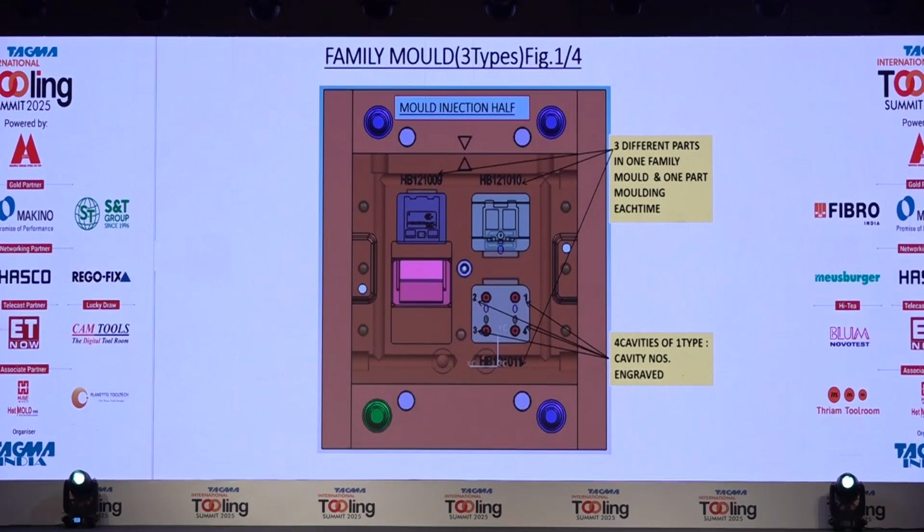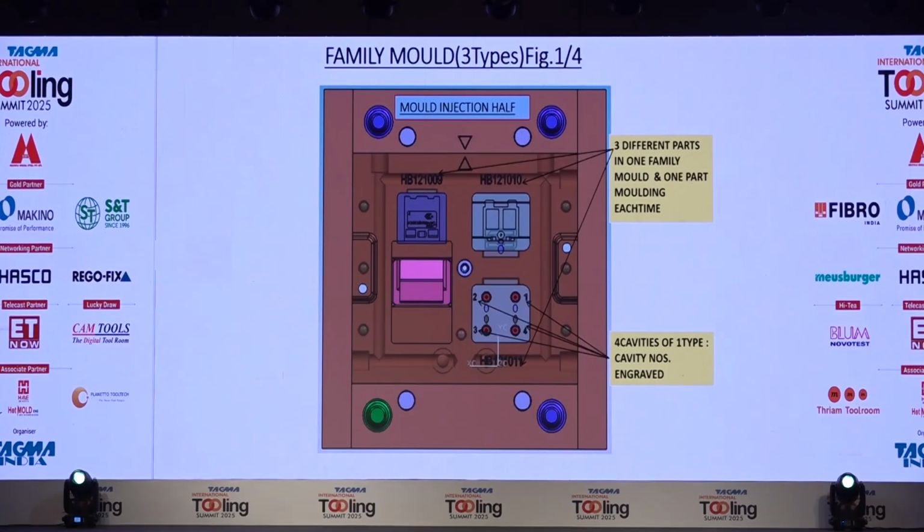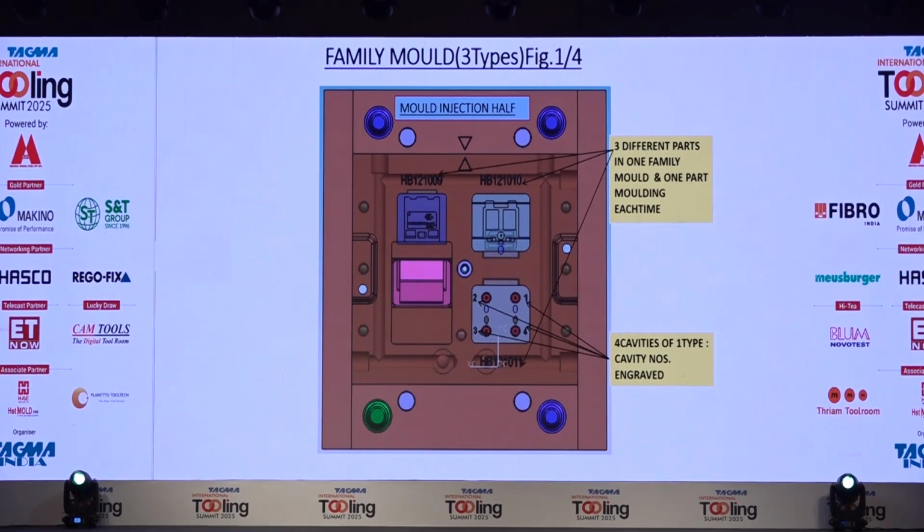So this is a typical family mold, where all the three cavities will have different volumes. So how do we see that these have to be balanced? As rightly said in the earlier session about scientific molding, you need to go to the software for flow analysis to find out how to balance this.